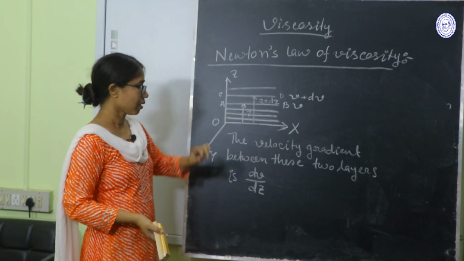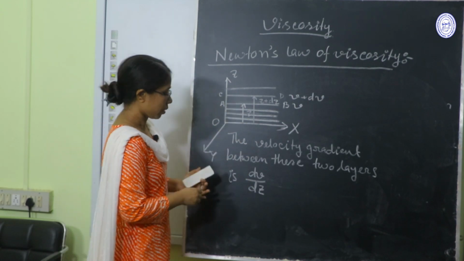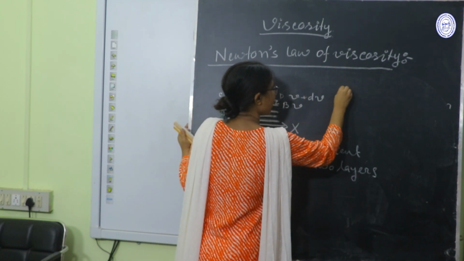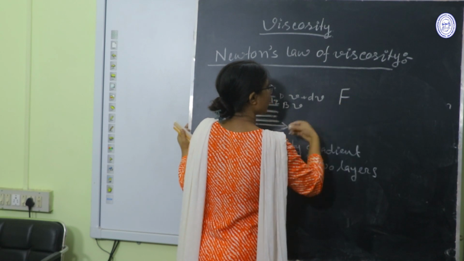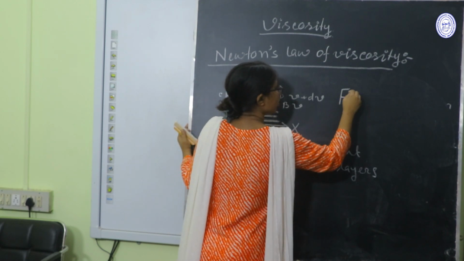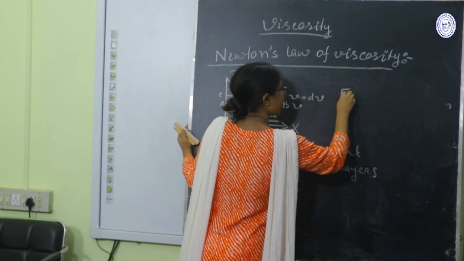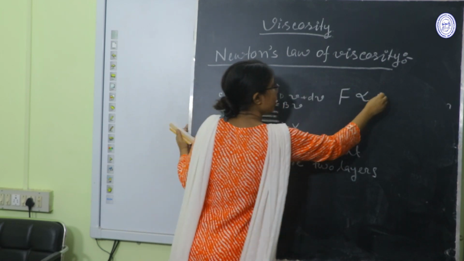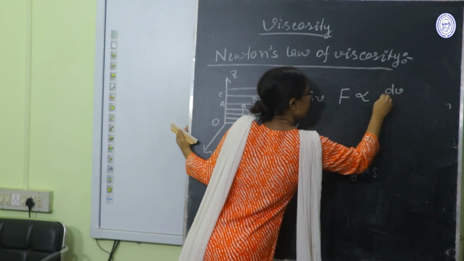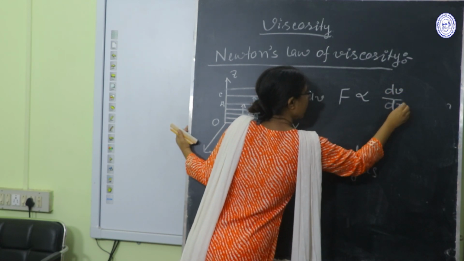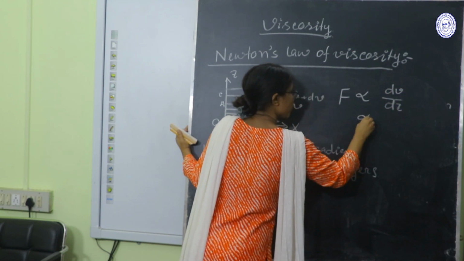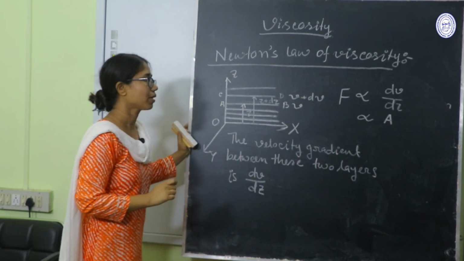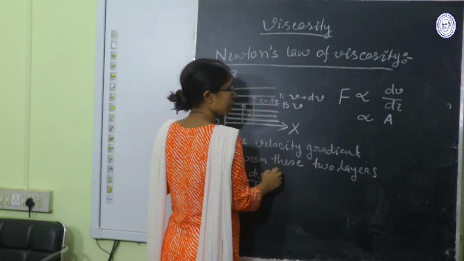Now, according to Newton's law of viscosity, if F is the tangential force, then F is proportional to the velocity gradient dv/dz and also proportional to the area of contact, where A is the area of contact of the layer and dv/dz is the velocity gradient.